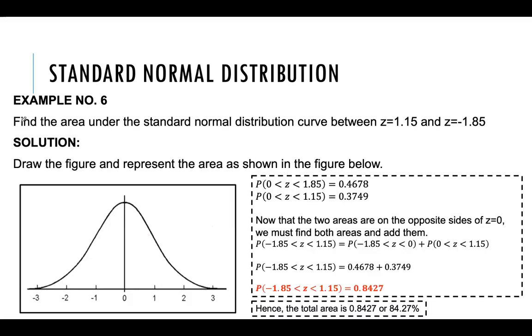Next, another example. Find the area under the standard normal distribution curve between the z value of 1.15, let's say, medyo tabing ilayuan natin konti kasi 1.15, hindi naman eksakto yung sinabi. Okay, we have to determine the area between 1.15 and the negative 1.85.